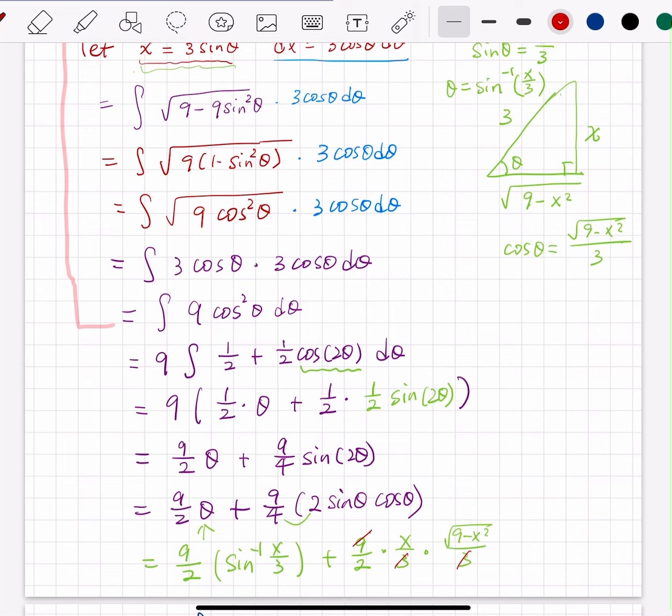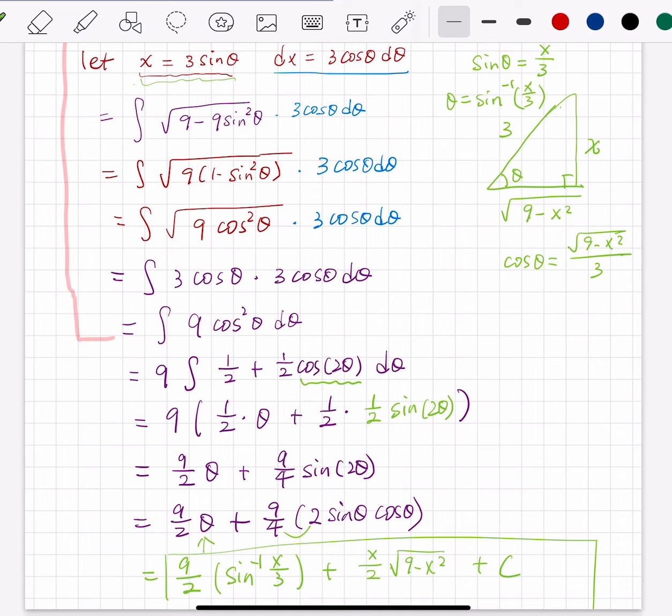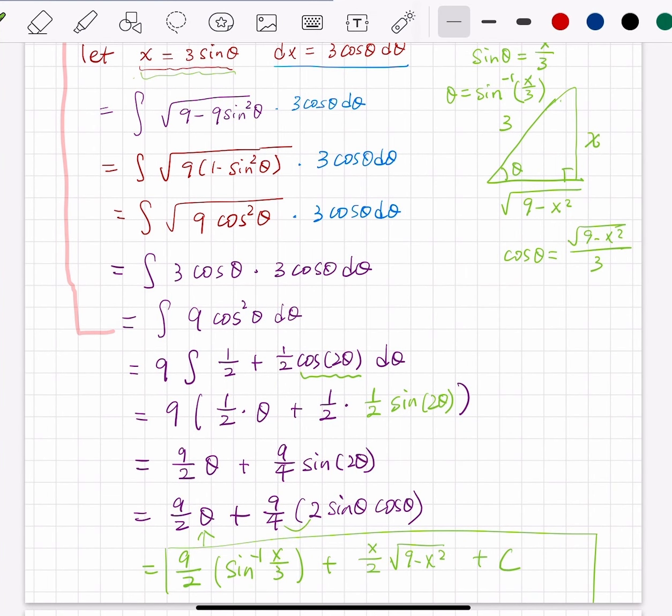We ended up with, I'm going to just rewrite this whole thing as, x/2 square root of 9 minus x squared plus c. And that is the answer for the first example.